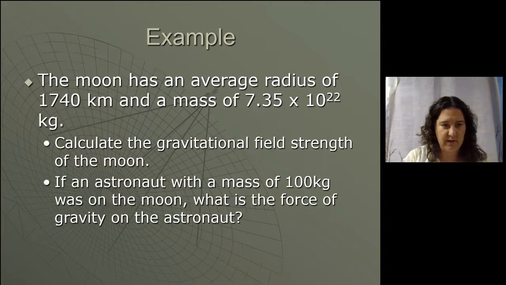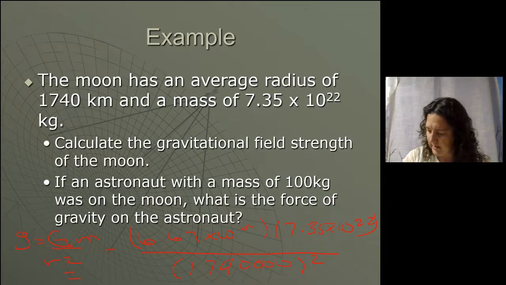So g is equal to GM divided by r squared, which is equal to 6.67 times 10 to the negative 11 multiplied by the mass of the moon, 7.35 times 10 to the 22, all divided by the radius squared, 1,740,000 meters squared. This gives us an answer of 1.62 newtons per kilogram. So that is the gravitational field strength of the moon.